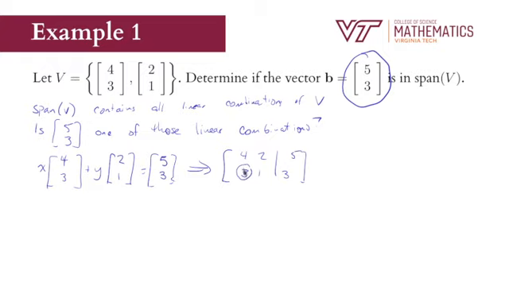Since 3 and 4 don't play nice with each other, we're going to have to find their lowest common multiple, which is 12. And so I'm going to take 4 times row 2 minus 3 times row 1. All right, so 12 minus 12 is going to give me 0. 4 minus 6 is going to give me negative 2. And 12 minus 15 is going to give me negative 3.